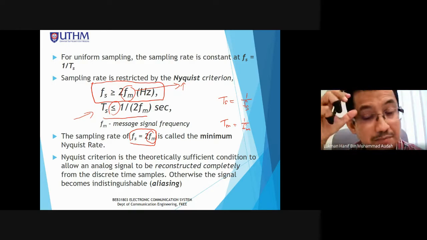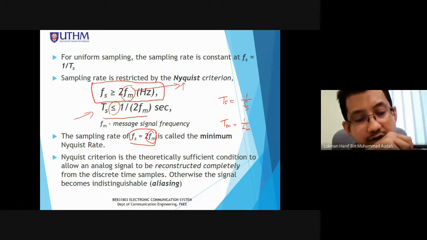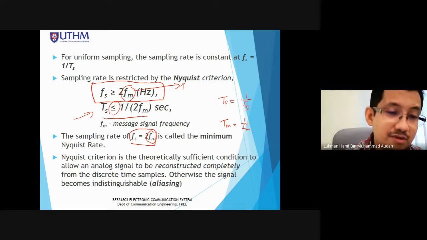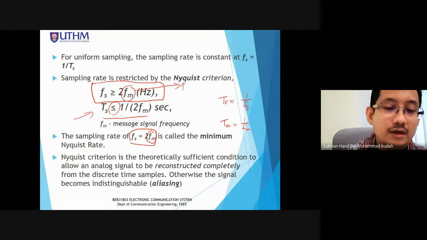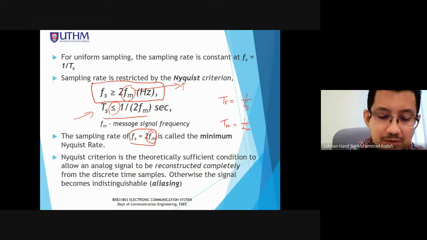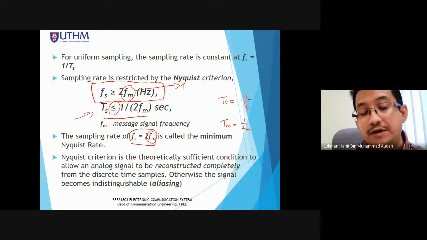Itu Nyquist cakap. Why like this? Kenapa 2 FM? If you read from the literature books, from the Nyquist mathematical derivation, ada dinyatakan macam mana dia buktikan berkenaan dengan 2 FM.